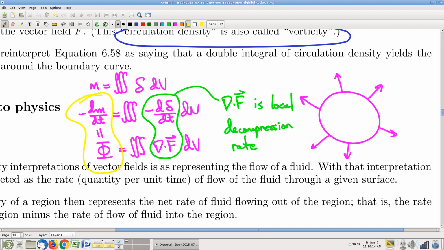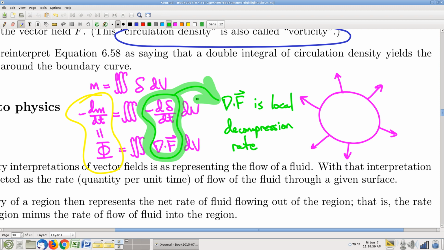Right. So, having rewritten our mass density equation in this form and equating these things suggests a nice point of view. Oh, let me use a better consistent color choice. A nice point of view on divergence.